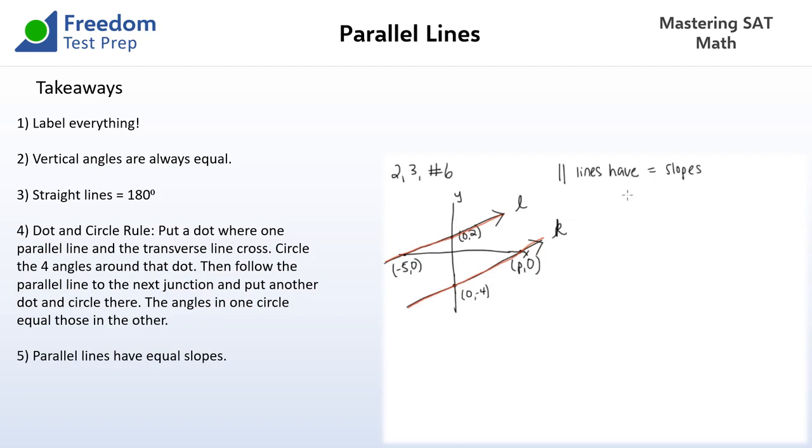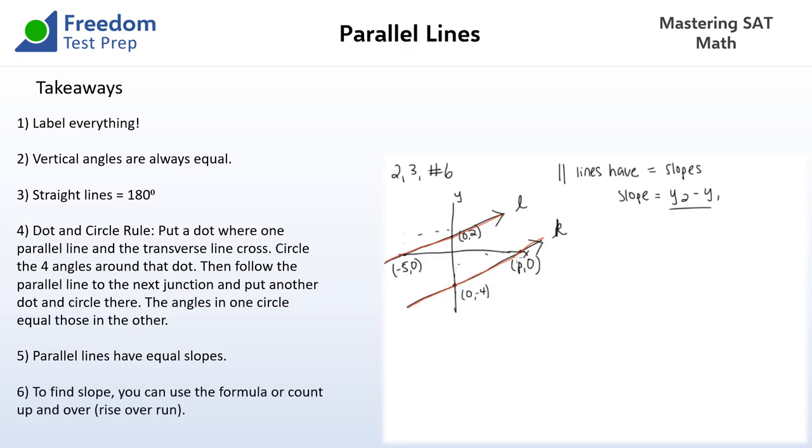You must also know the slope formula, which we will use here. Now, you do not have to use the formula. You could count up and over to find the slope. But I don't trust my picture, and I actually want you to get some practice using the formula because sometimes you need it.